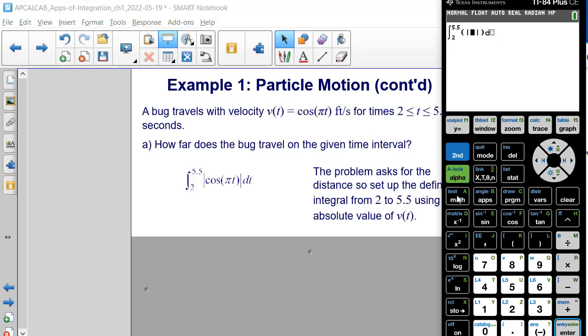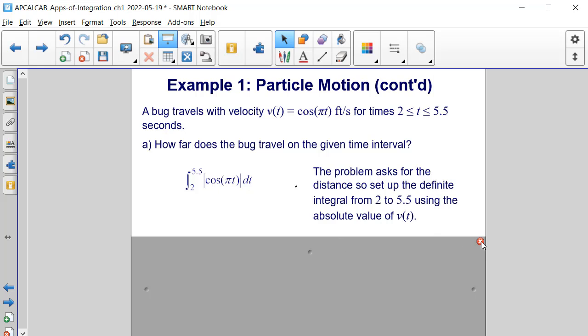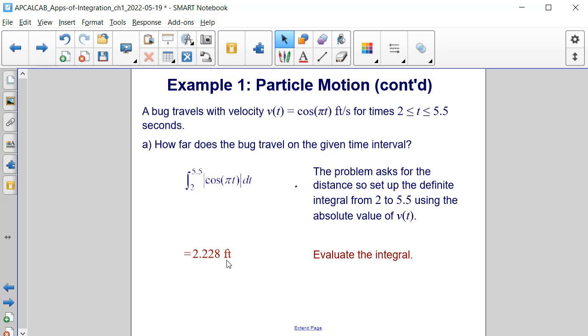And we're doing the absolute value of the cosine of pi times our variable. I'm going to use x as the variable, and we're going to integrate with respect to x with the calculator. And when we get that value, it's going to be 2 and about 228 thousandths feet.